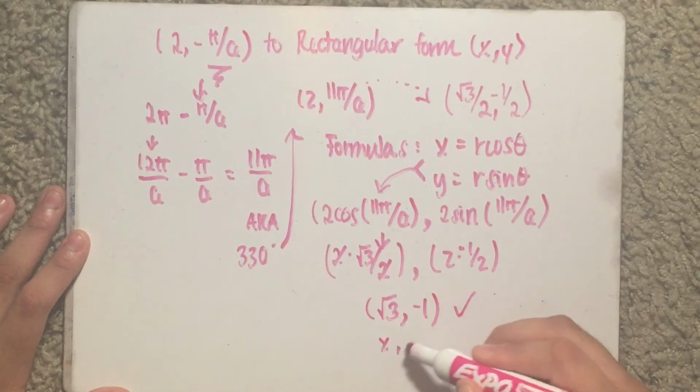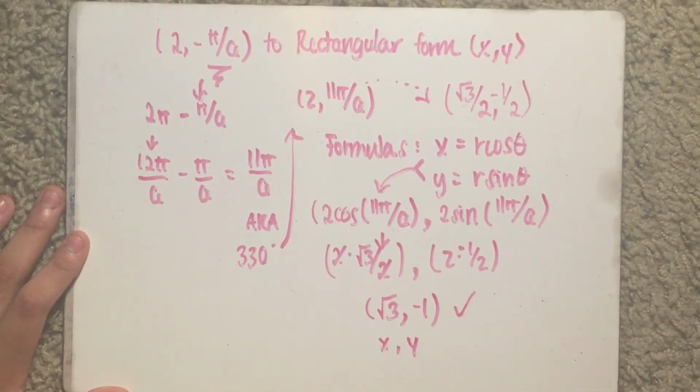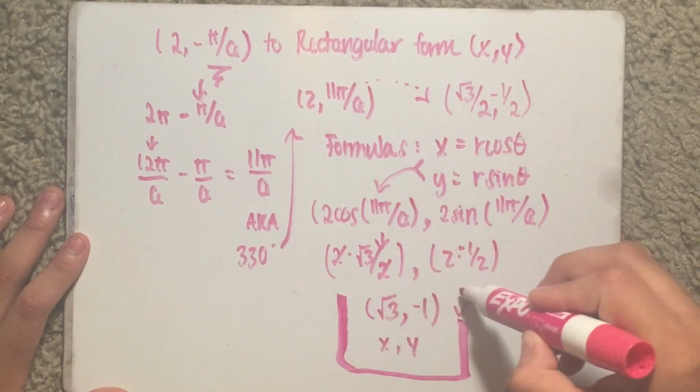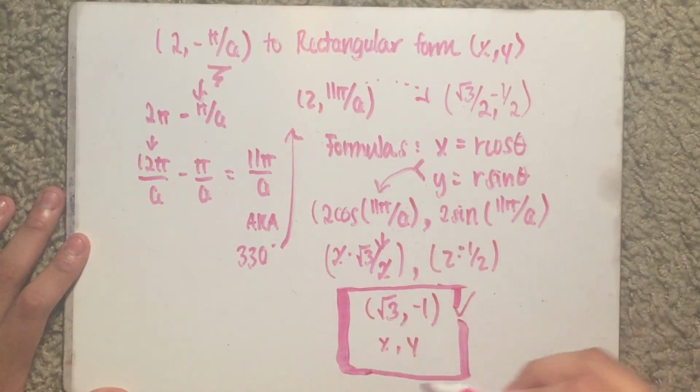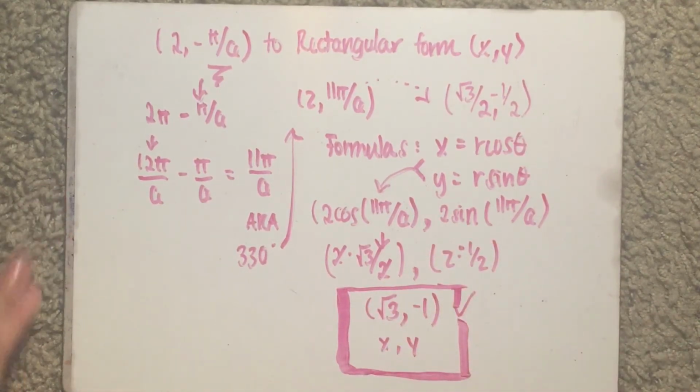There you go, that's the answer in rectangular form. Here I'm going to box it. Boom. There you go.